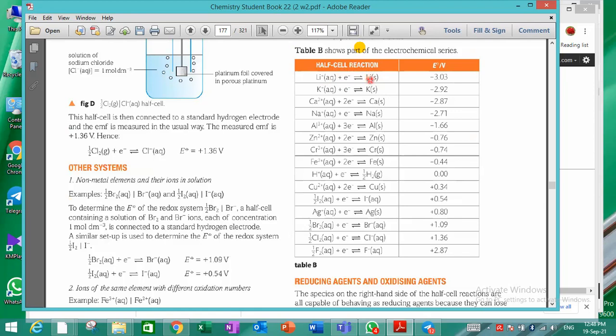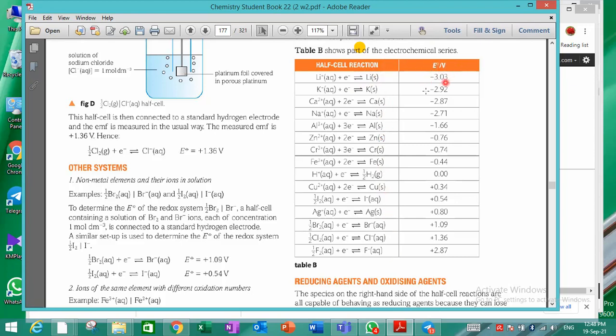So the lithium here is the strongest reducing agent. It has the greatest negative value for E naught. Since it has the greatest negative value, it means that the lithium favors the formation of lithium ions and electrons the most, which means that it is the strongest reducing agent among all these, because it had the greatest negative value.